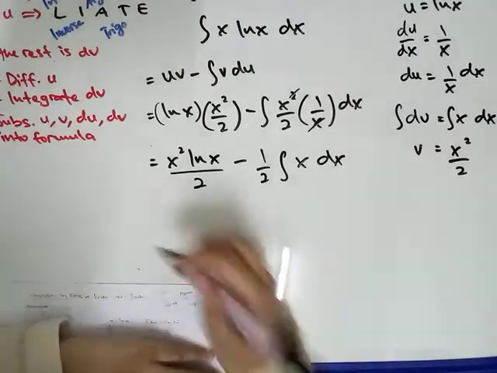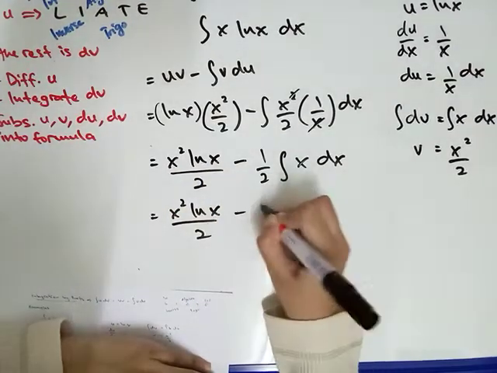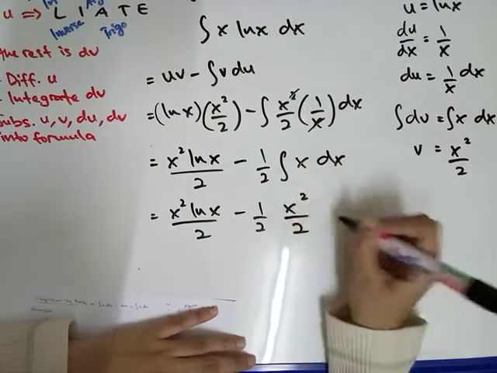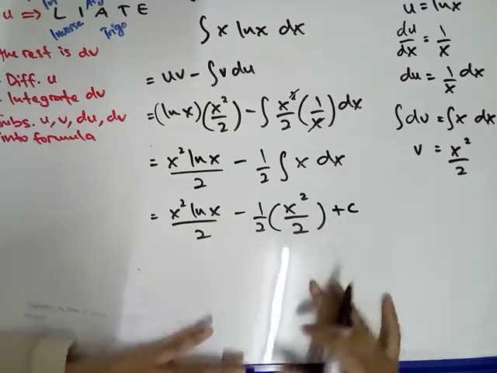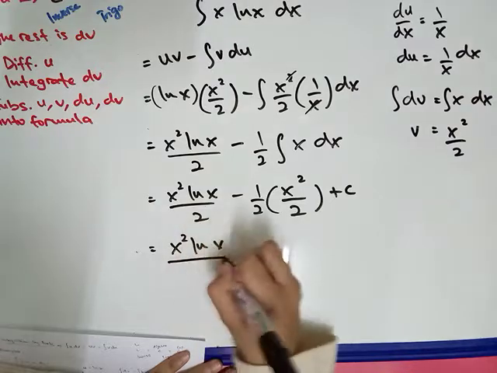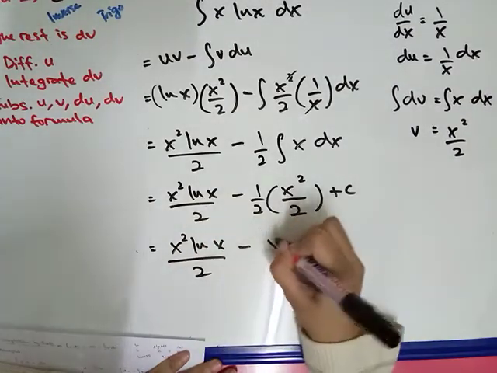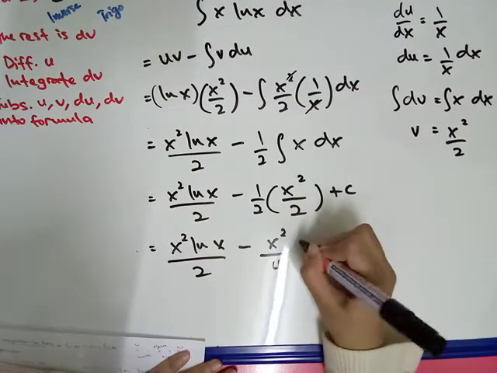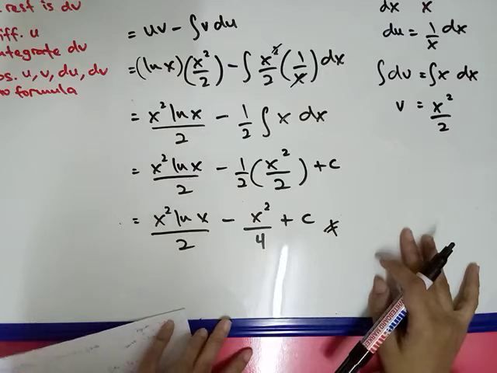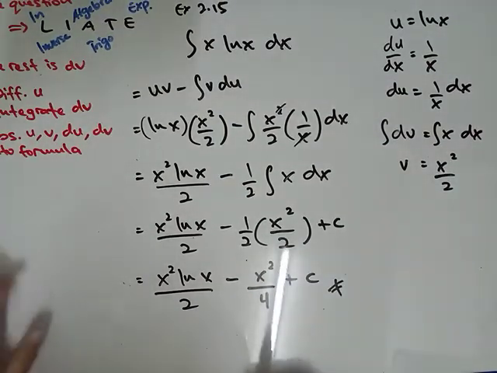So x square ln x over 2 minus 1 over 2, integrate x, you will get x square over 2 plus C. Then x square ln x over 2, minus 2 times 2 we get 4, so x square over 4 plus C. So this is the answer. Alright, boleh faham tak? Tak faham boleh tanya dalam WhatsApp, okay?